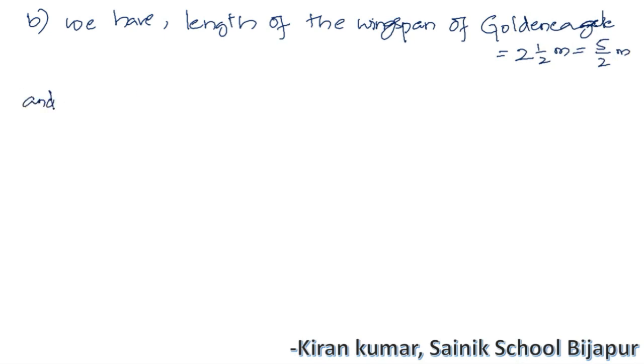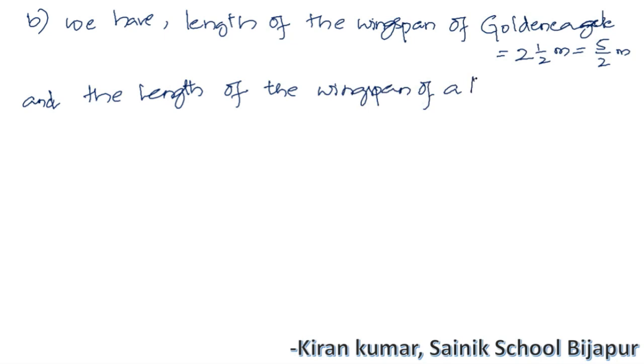And we are also given the length of the wingspan of a blue jay. It is 41 by 100 meters.